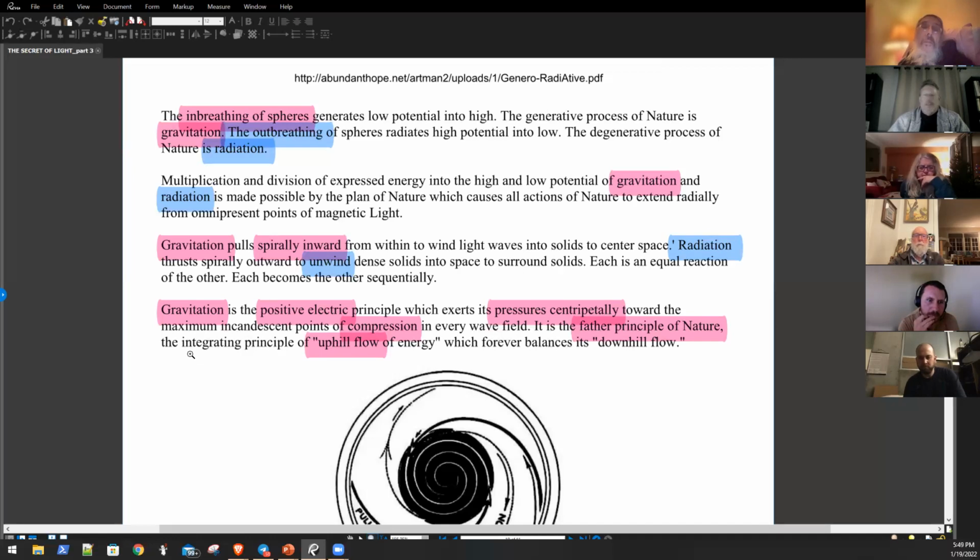Gravitation is the positive electric principle, which exerts its pressure centripetally toward the maximum incandescent points of compression in every wave field. It is the father principle of nature, the integrating principle of uphill flow of energy, which forever balances its downhill flow.